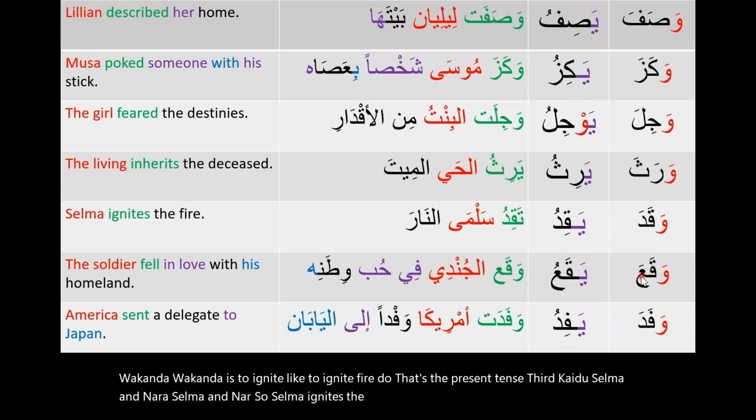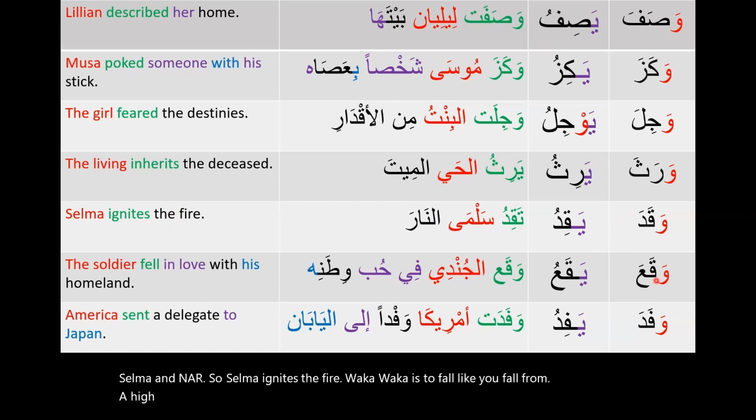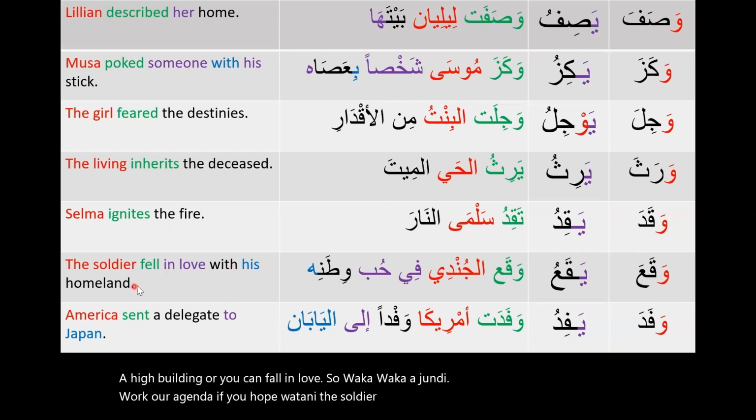Waqa'a is to fall, like you fall from a high building, or you can fall in love. So waqa'a, yaqa'u. وقع الجندي في حب وطنه. The soldier fell in love with his homeland or home country.